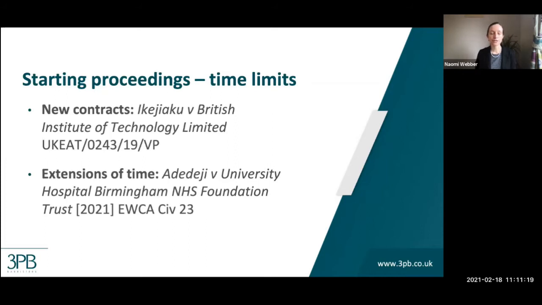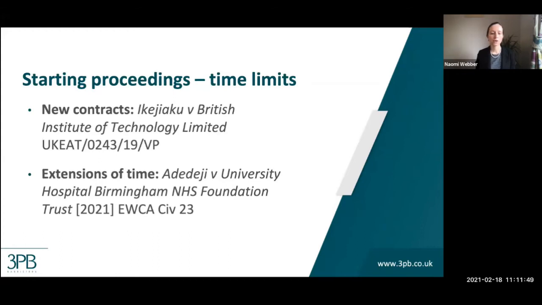The ET, taking into account the relevant factors, refused to extend time, and the EAT dismissed the claimant's appeal. The Court of Appeal upheld that decision and importantly said that the tribunal had considered all of the relevant factors, not found any one of them in particular to be determinative, but overall it had exercised its discretion correctly not to extend time in this case.